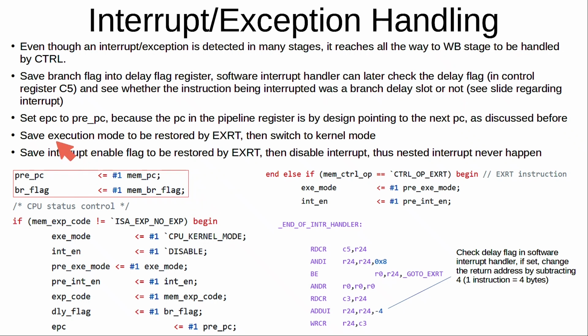And it will also set the execution mode to be restored by the EXRT instruction, and then it will switch to the kernel mode to handle this interrupt or exception. The interrupt enable flag is also set so that it can be restored during the EXRT instruction.